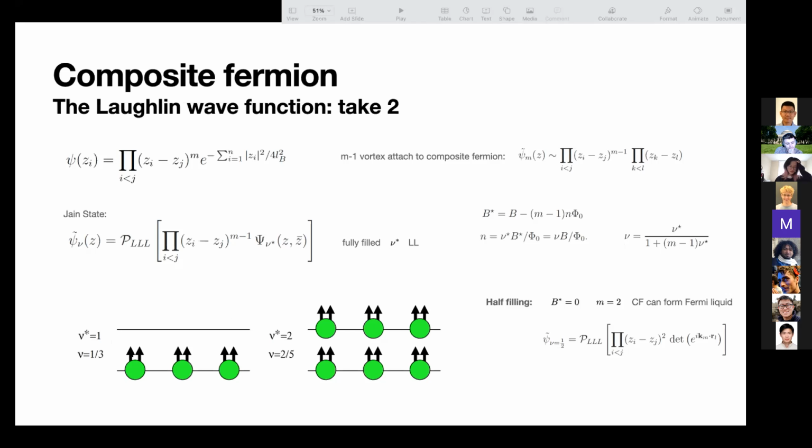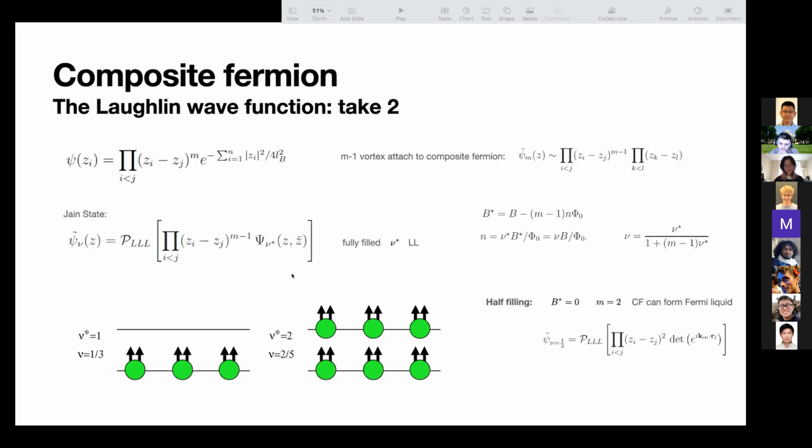Actually there's a very interesting example, which is if we consider m equals 2 and B star equals 0, that will give a half-filled Landau level.